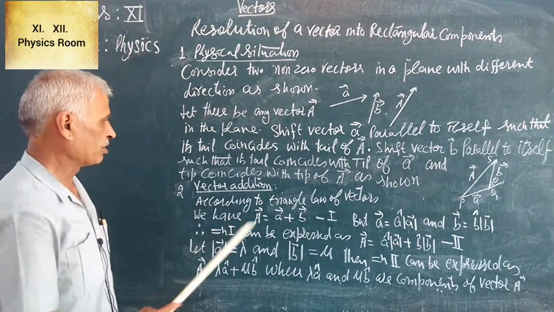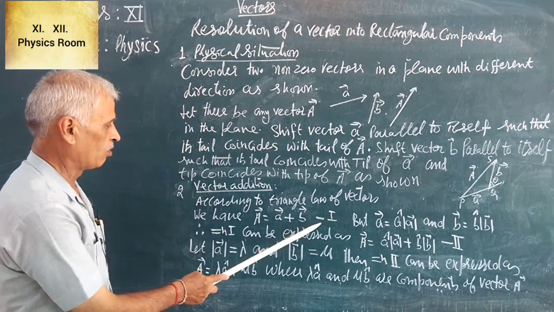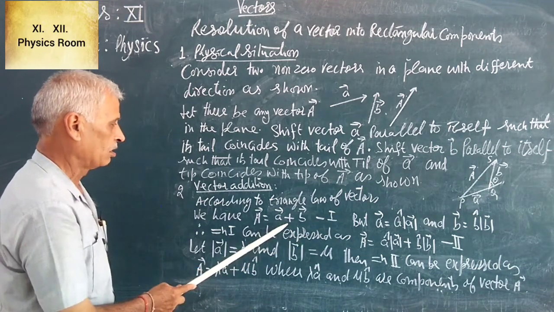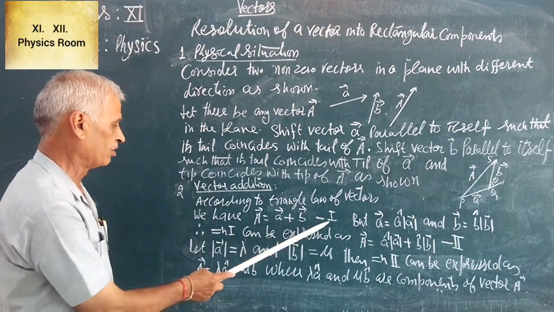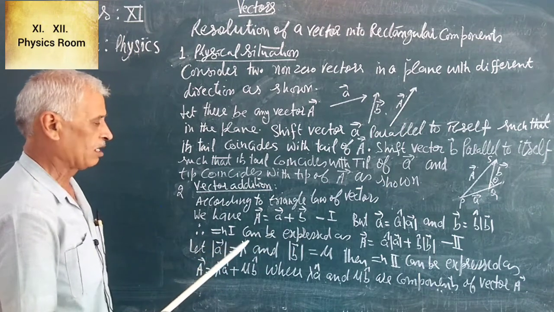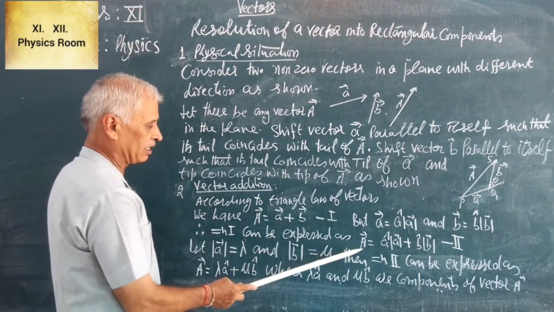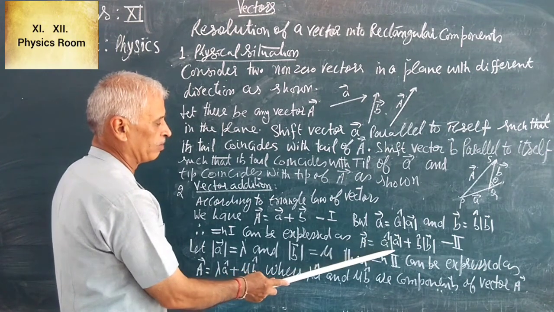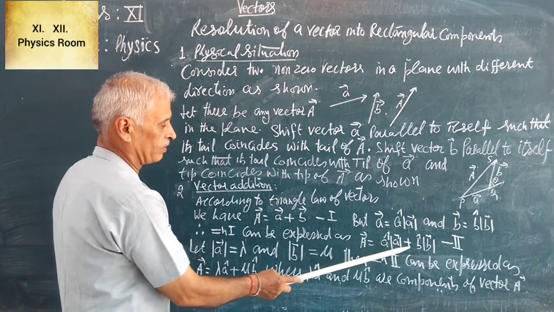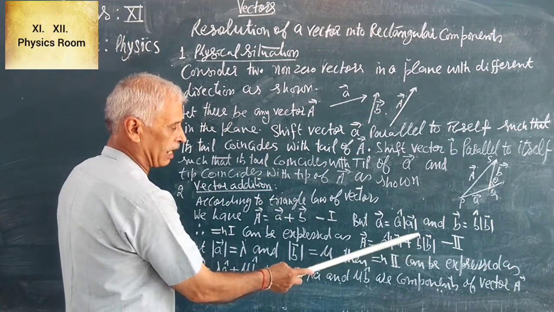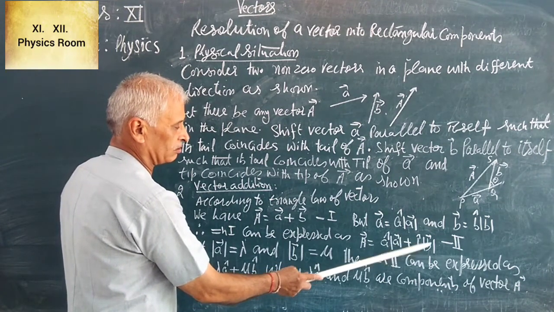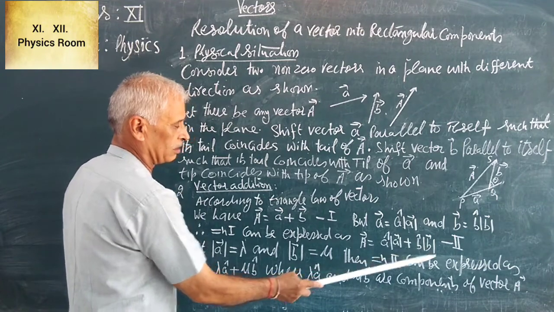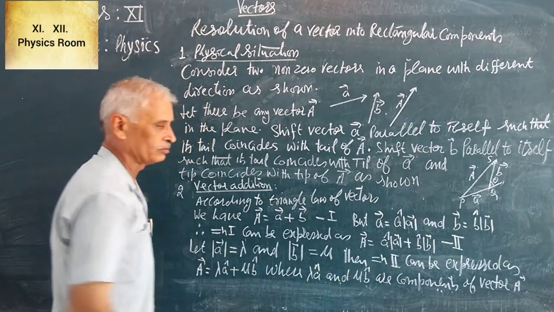Therefore, in equation 1 we substitute the values of vector A and vector B. So, equation 1 can be expressed as vector capital A is equal to small a cap into magnitude of small a vector plus small b cap into magnitude of vector small b. Let us mark it as equation 2.